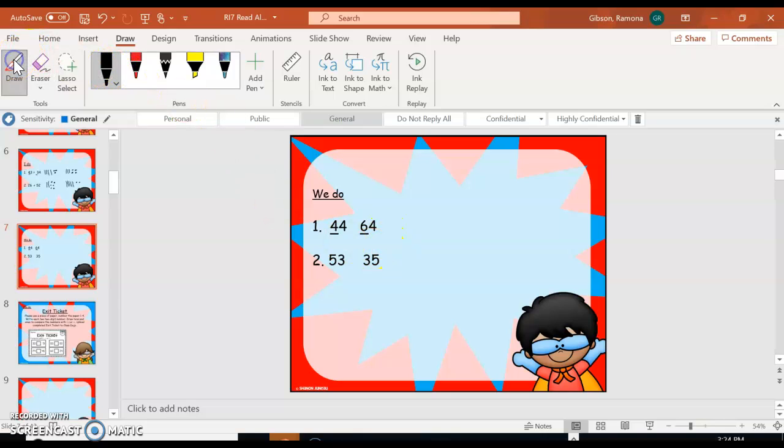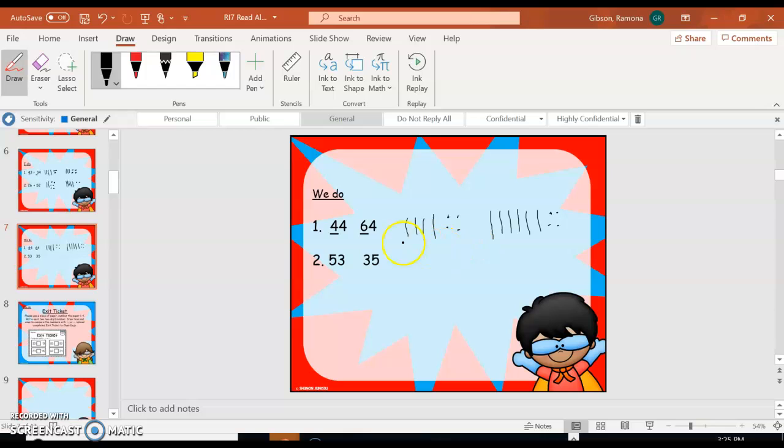So let's quickly draw 4 tens. 10, 20, 30, 40, 41, 42, 43, 44. And for the sake of time, I'm going to go ahead and draw 64: 10, 20, 30, 40, 50, 60, 61, 62, 63, 64.